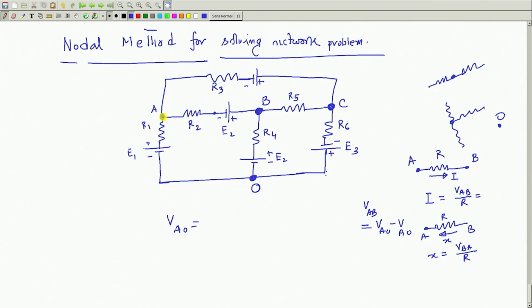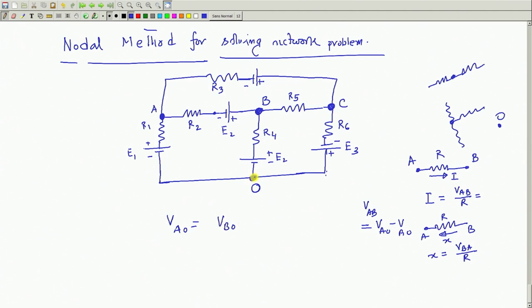Start from O, V_BO you will get, that is this drop and this drop with due regard to their plus and minus signs.